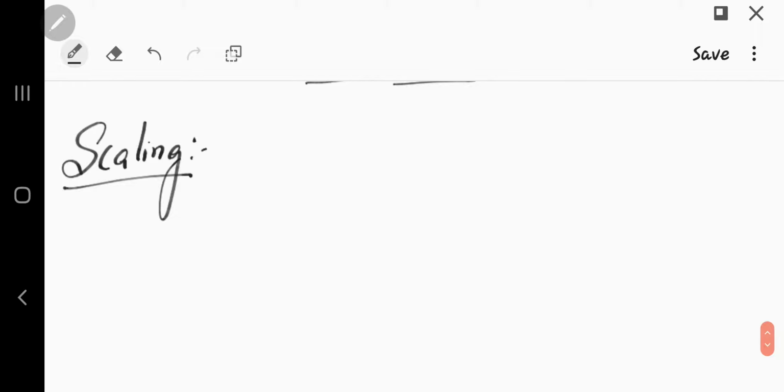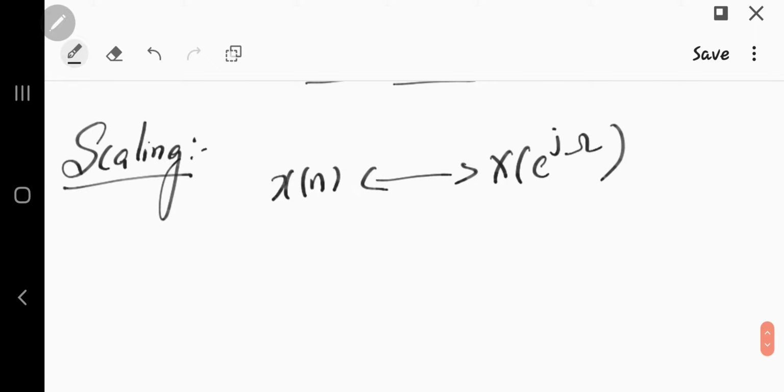If you perform the DTFT of the scaled signal of x of n, we are not actually performing the DTFT of the original signal. If you perform it on x of n, you will get x of e power j omega. Fine, but this won't be the same if you perform this with a scaled version of a discrete time signal, because some samples will be lost.